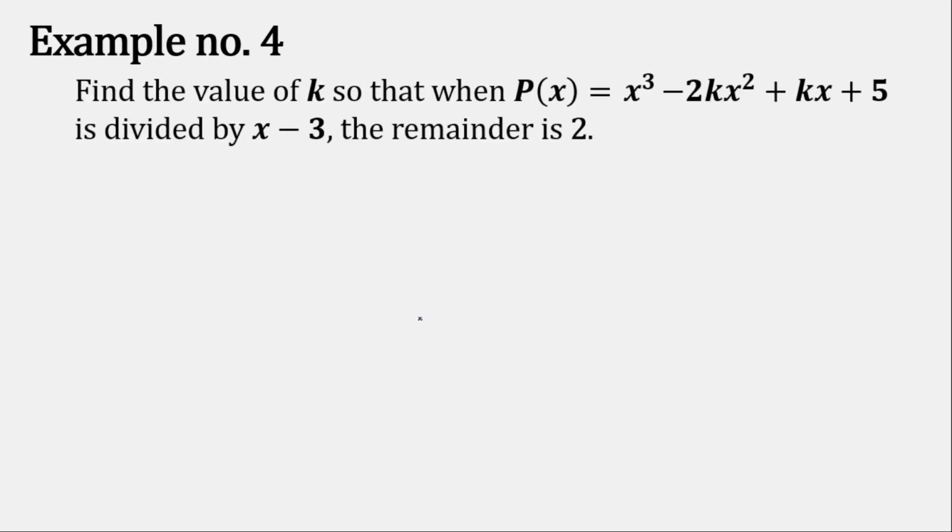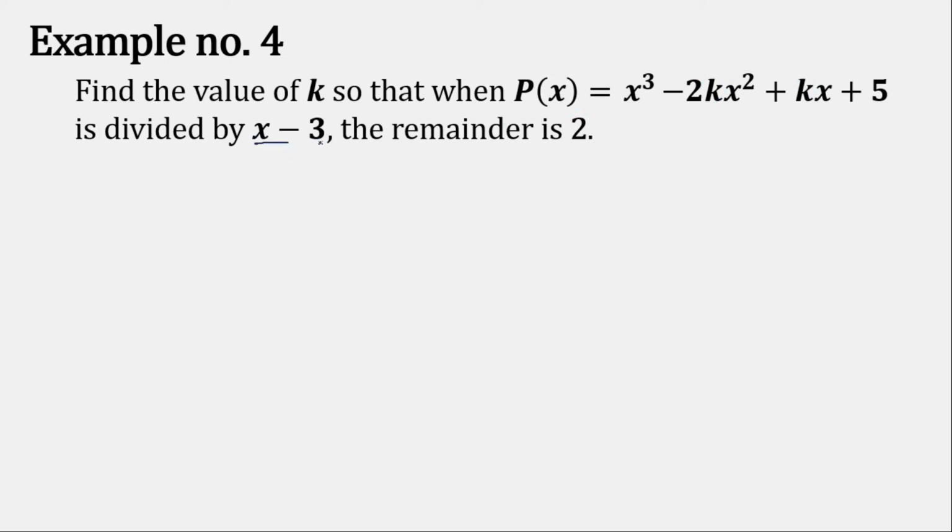Find the value of k so that when p of x is divided by x minus 3, the remainder is 2. So we have an unknown part in our polynomial. So we are tasked to find the value of k so that if we divide this one, the remainder will be 2.